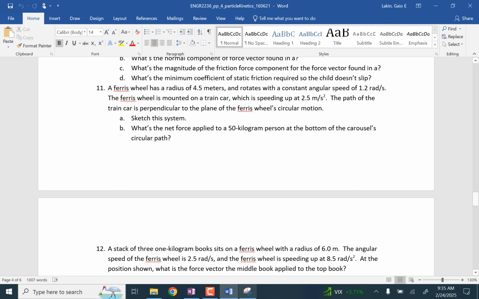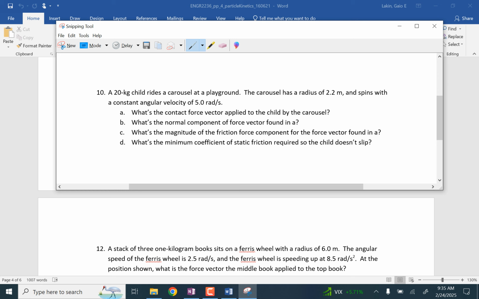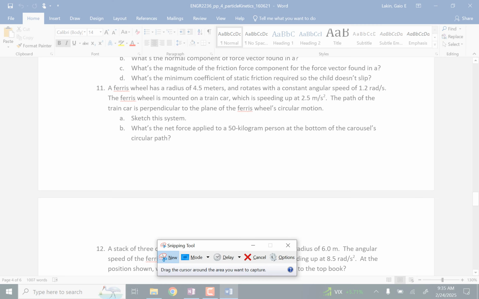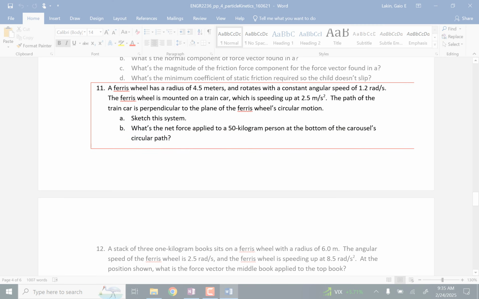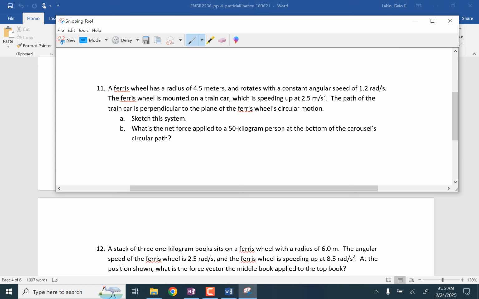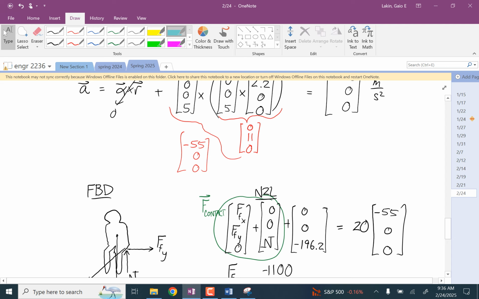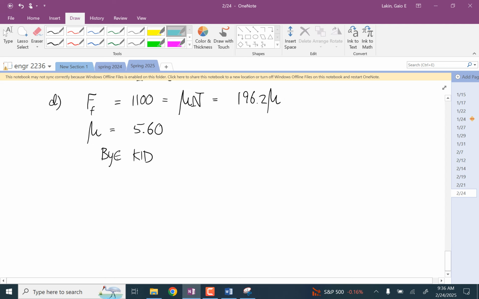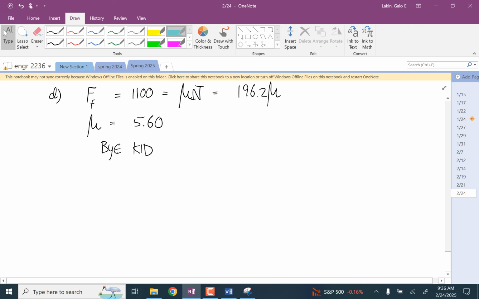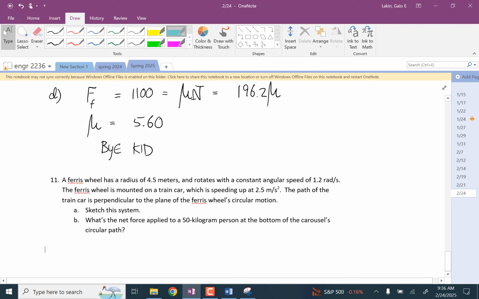Okay, so now this one we're going to have to use some relative motion. Okay, let's just finish doing these. We'll just do this for today. 11?